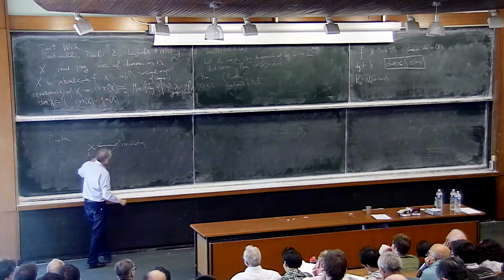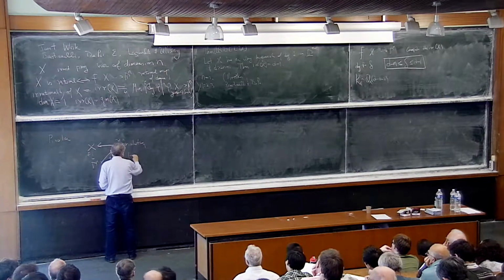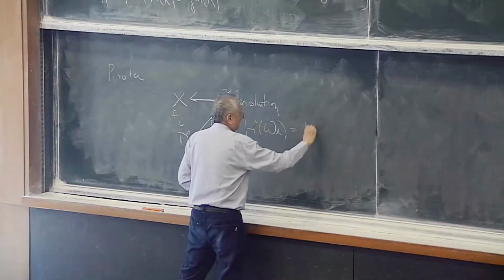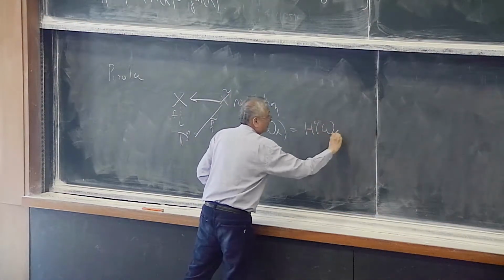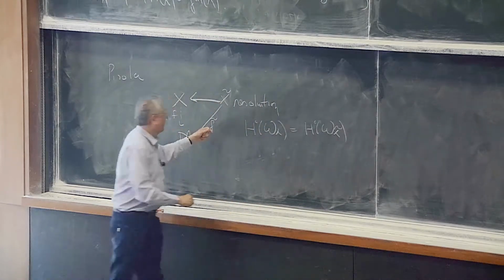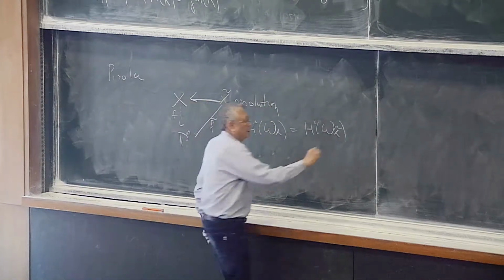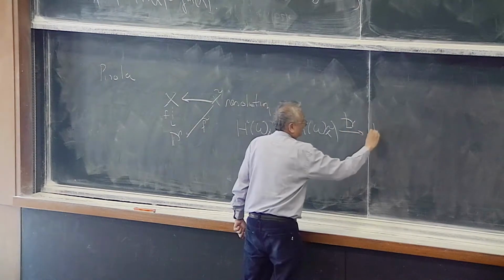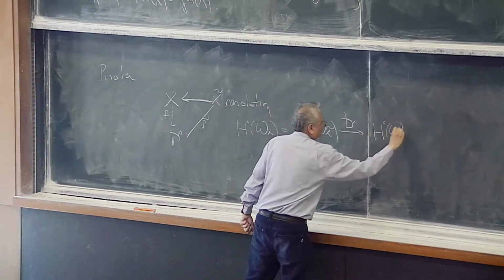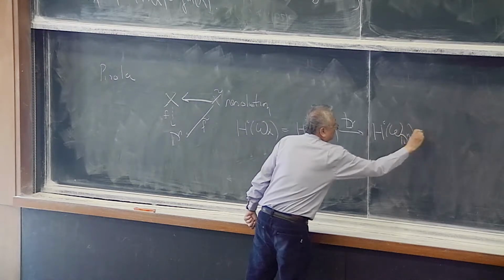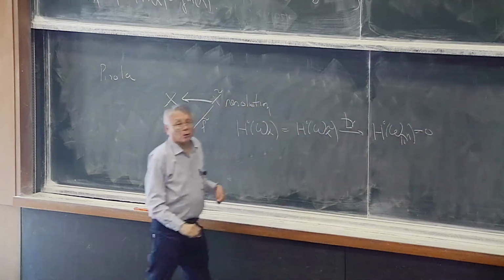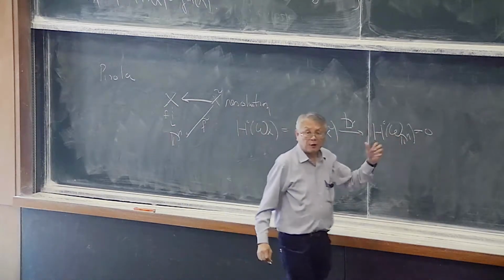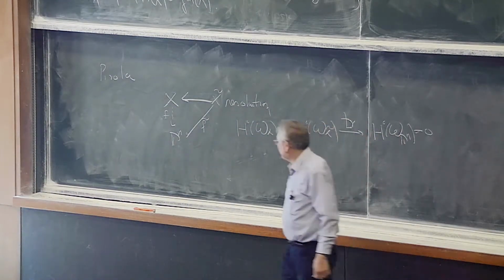Then since this is smooth, we see the n-forms of X are the same thing as the n-forms of X tilde. On X tilde, we have the trace. But of course, the projective space has no n-forms, so this is 0. So therefore, the trace map on n-forms is 0.